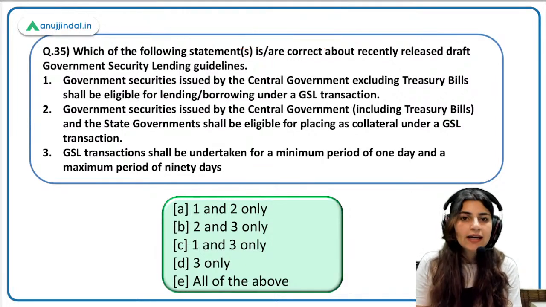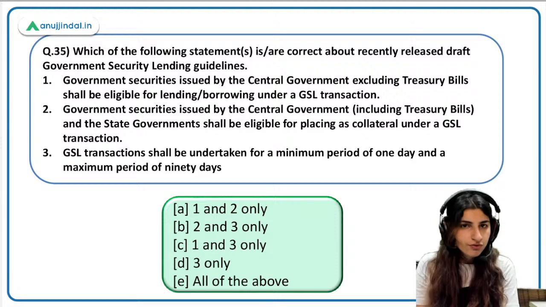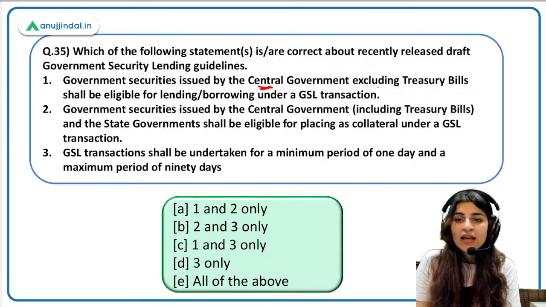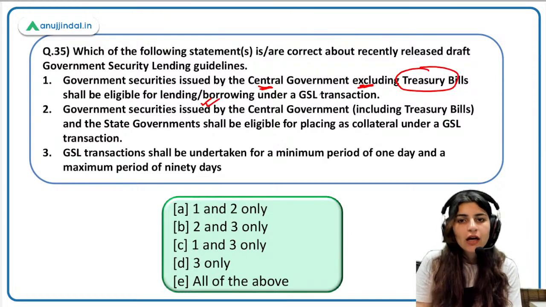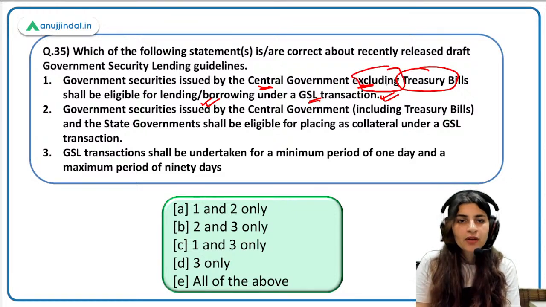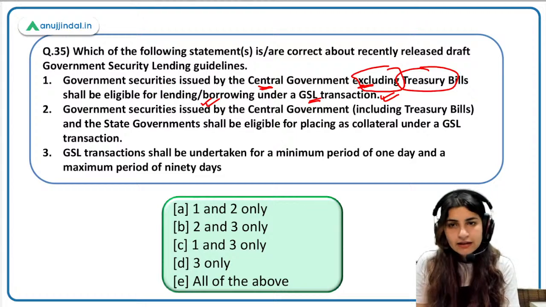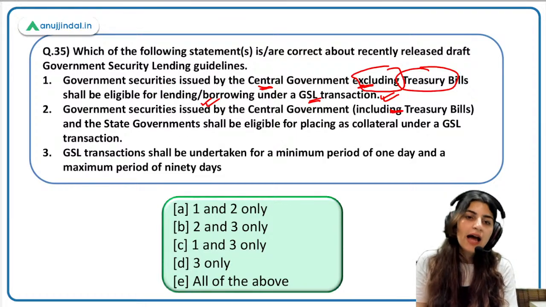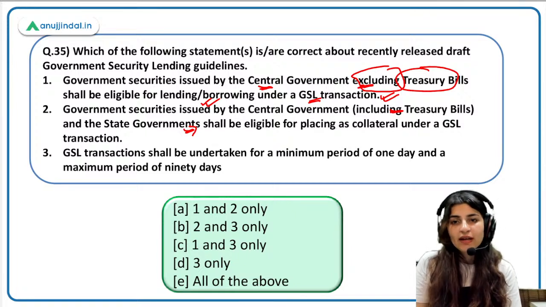So, lending and borrowing of government securities. Government securities issued by the central government, excluding the T-bill, should be eligible for lending and borrowing under GSL transactions. This is actually a correct statement. Government securities issued by the central government, including the T-bill, and the state governments' securities shall be eligible for placing as collateral.